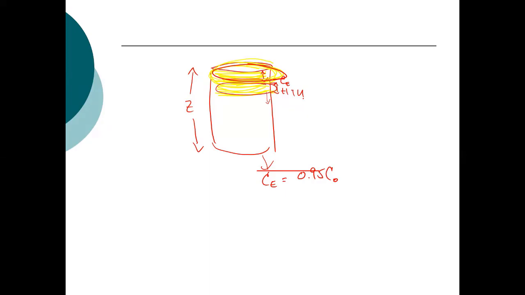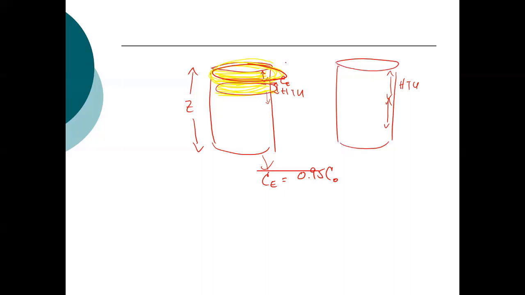So if, for instance, my height of my transfer unit is very large, what that means is that I don't have very efficient removal. In order to achieve that same level of removal, I need a much taller column.